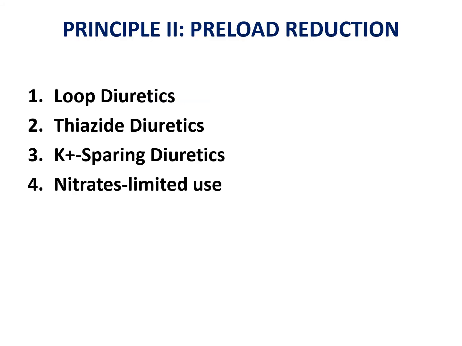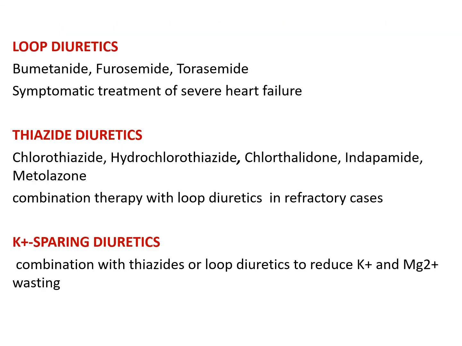The next principle is preload reduction. This is done by using loop diuretics, thiazide diuretics, potassium sparing diuretics, and nitrates. By reducing the preload, we are decreasing the workload of the failing heart. Loop diuretics include bumetanide, furosemide, and torsemide. These are used in the symptomatic treatment of severe heart failure, when the patient has severe edema and severe congestion.